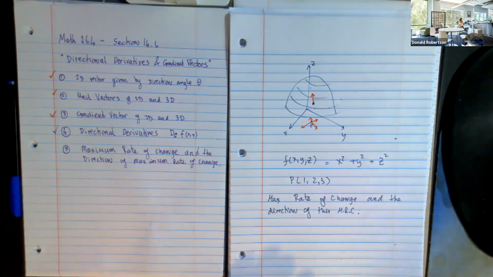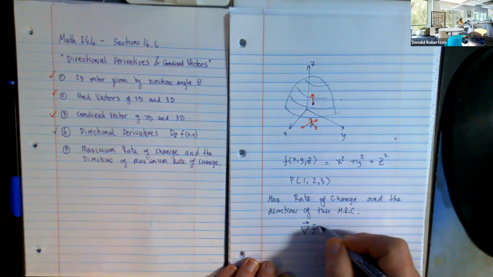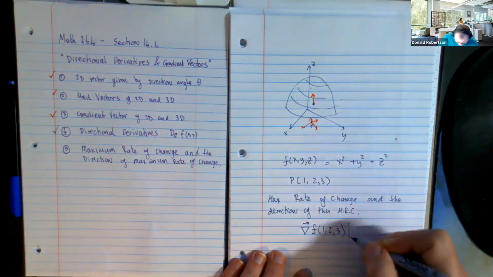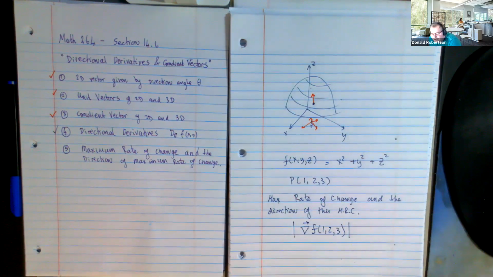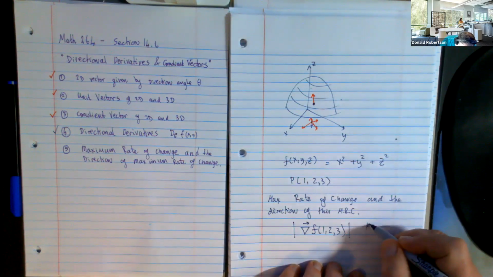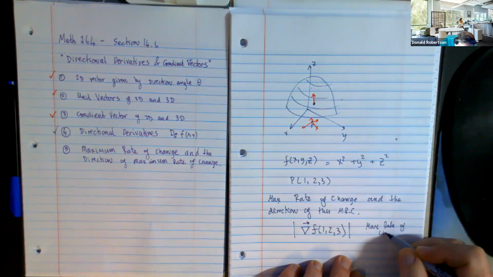Oh, here goes. The magnitude of the gradient vector at the point 1, 2, 3 is the maximum rate of change.